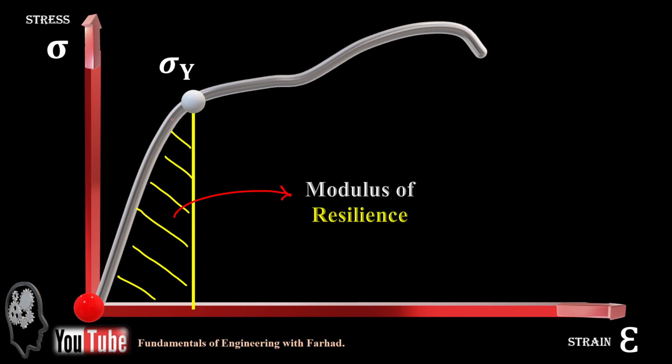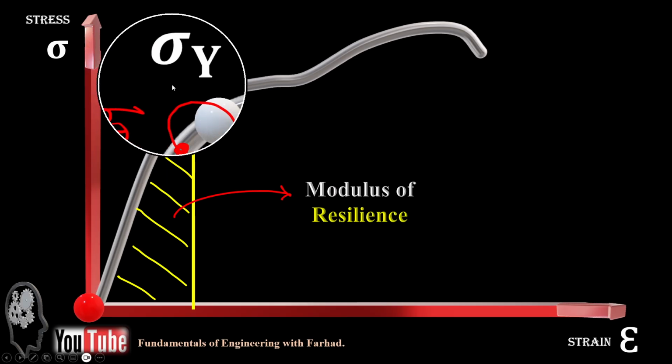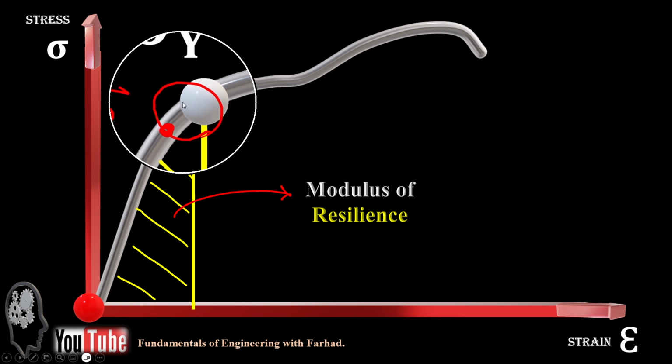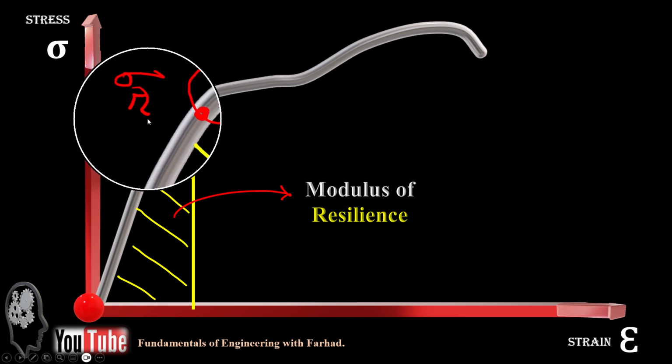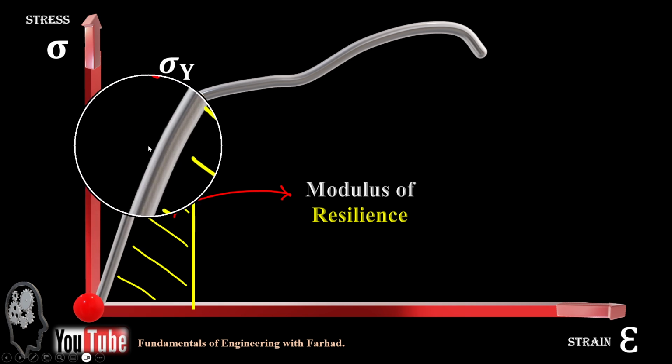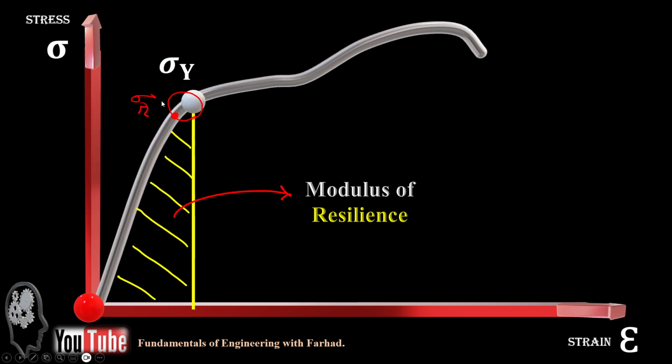What I mean by that is, if you consider sigma proportional here, there is a small portion of modulus of resilience which is located in a nonlinear relation. So up to sigma proportional limit, there is a linear part and there is a small portion which is not linear but is still in modulus of resilience. So that's why we say most of modulus of resilience is in proportional limit.